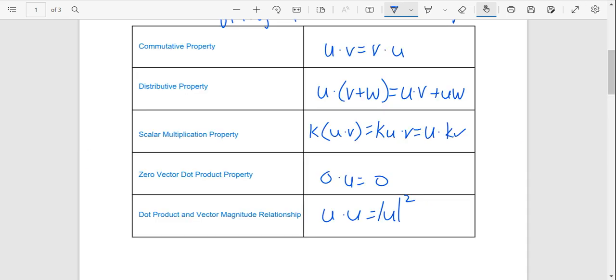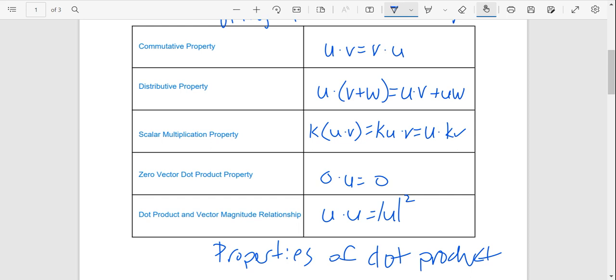So here are your properties of a dot product. I'm going to label it properties of dot product. All these are important notes. Go ahead and pause the video and jot these down. One thing we're going to be working with next is this last one.